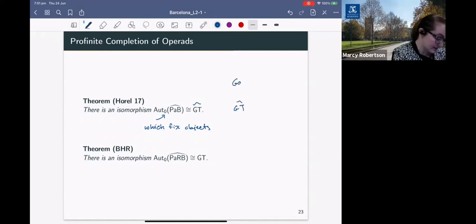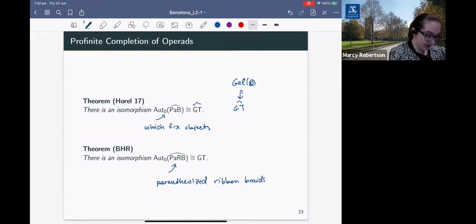It contains the absolute Galois group of Q. It's a big and interesting group. We'll definitely talk about this more tomorrow, but similarly, there's a different operad in groupoids of parenthesized ribbon braids, just braids with a little twist on them.